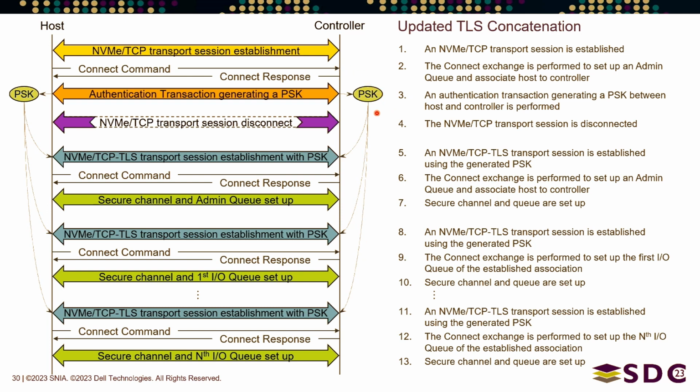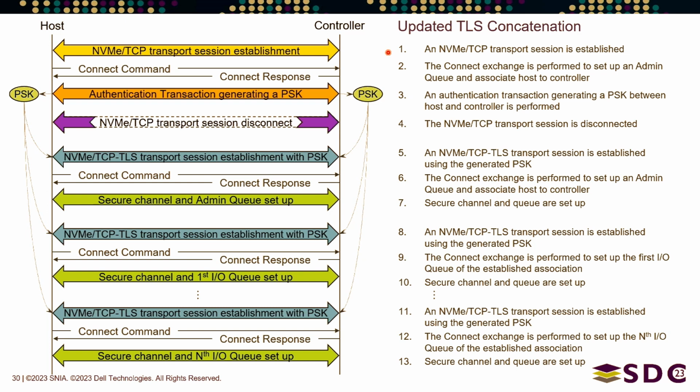At that point, from that PSK, we will have an NVMe-TCP TLS transport session establishment. Connect goes there, the secure channel for the admin queue is set up. And exactly the same process for all the IO queues that we want to establish between this host and this controller.